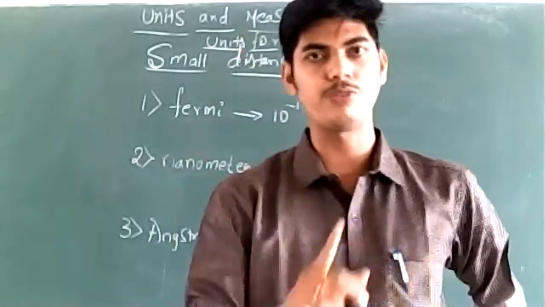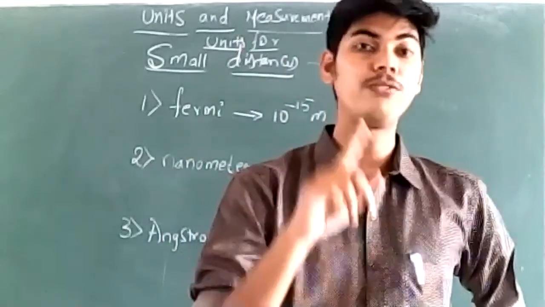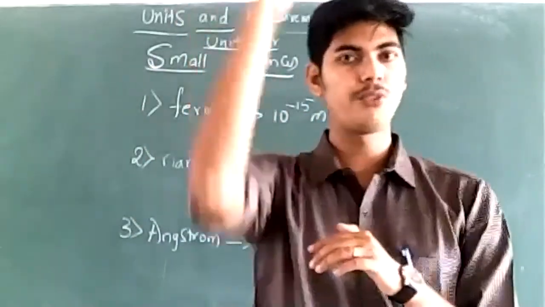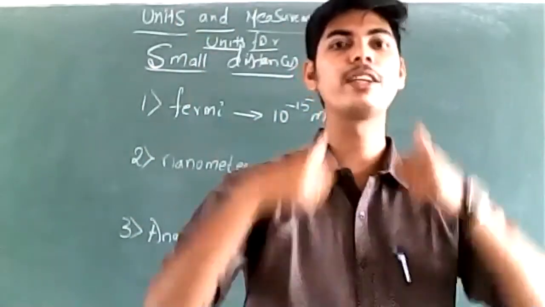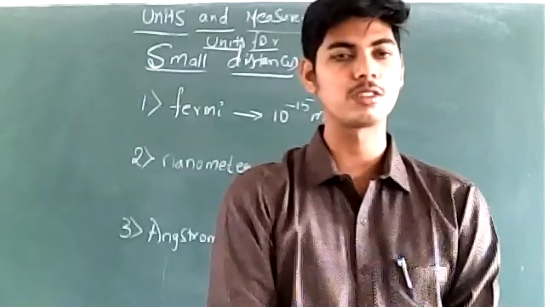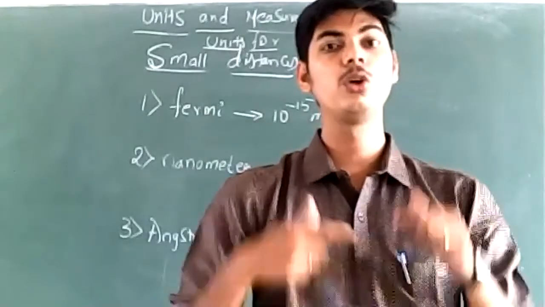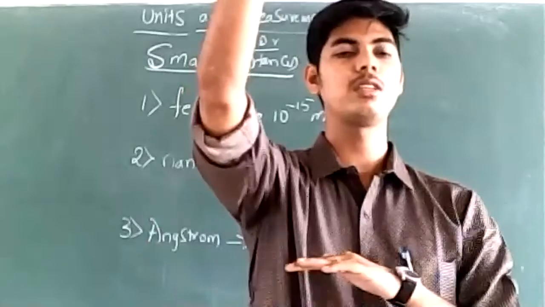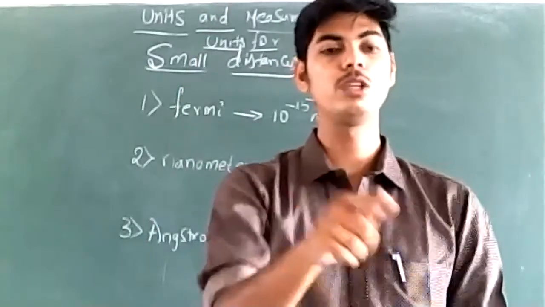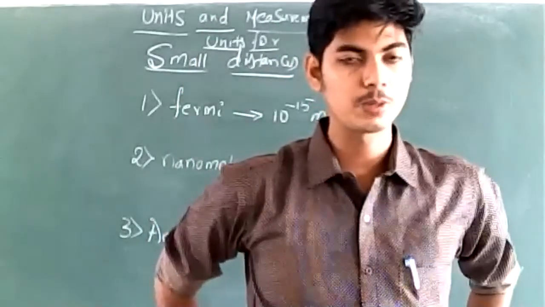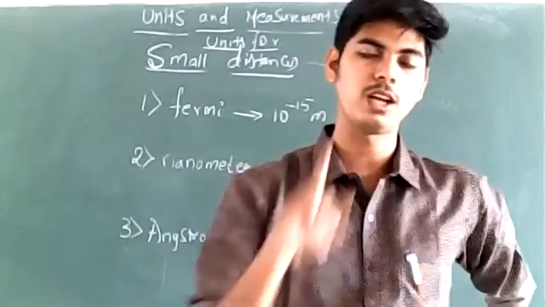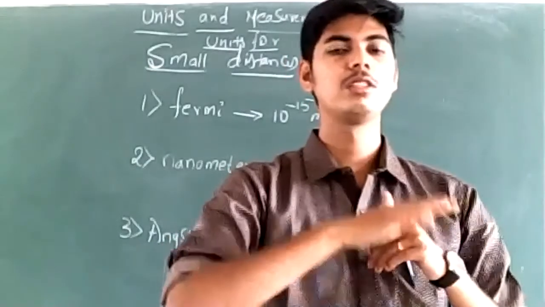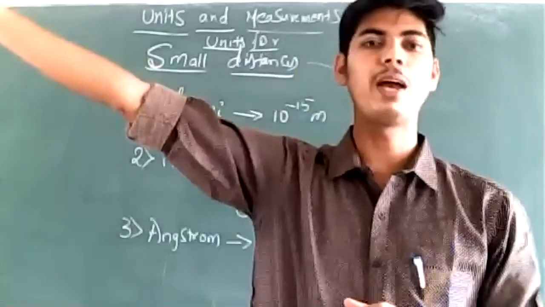If you calculate the distance of the sun from the earth, in what units do you express that distance? In meters, or in astronomical units? Astronomical unit, that is very good. How about the distance between earth and some planet?